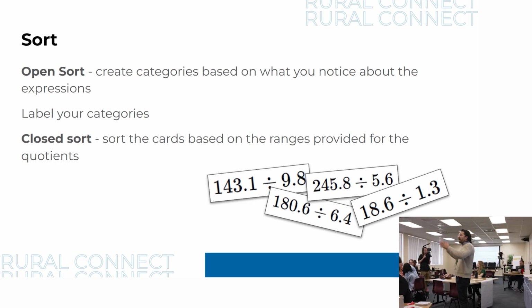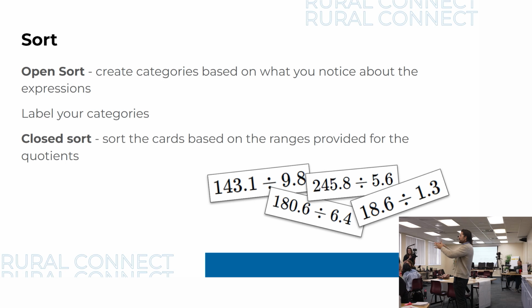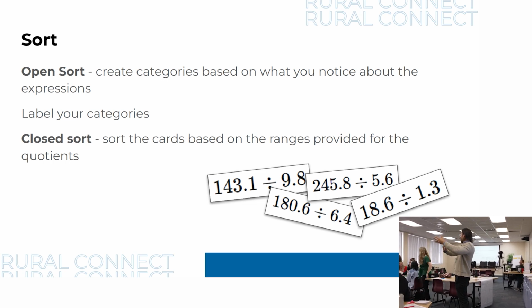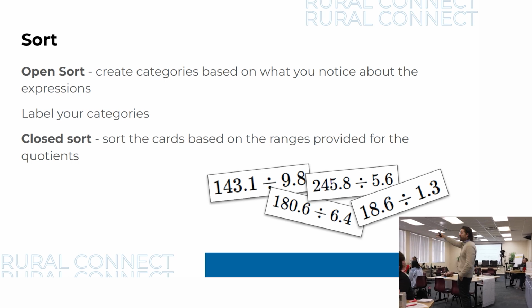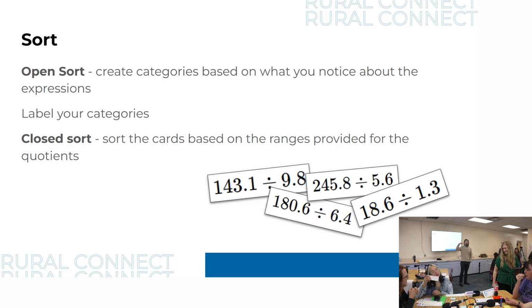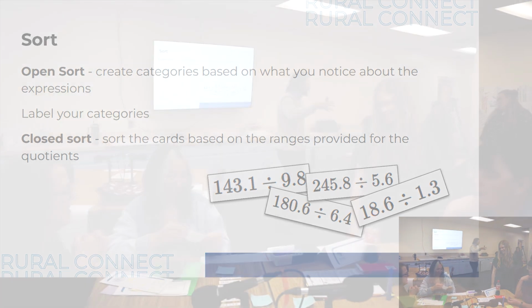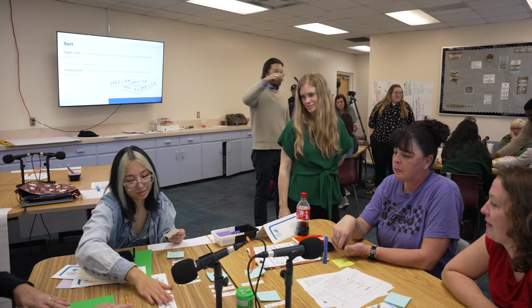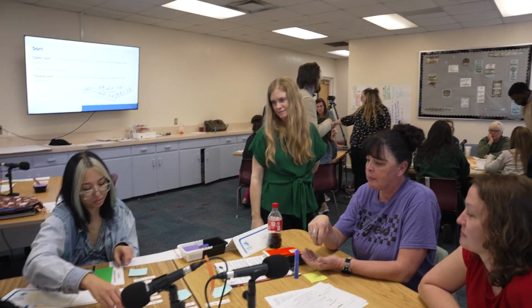Think about how many of those divisors it might take to get to that dividend. Use what we talked about earlier. The conversation around 10 might be helpful. The conversation around thinking of other numbers to get close might be helpful. So I want you to do some estimating to place those cards into those 4 categories.